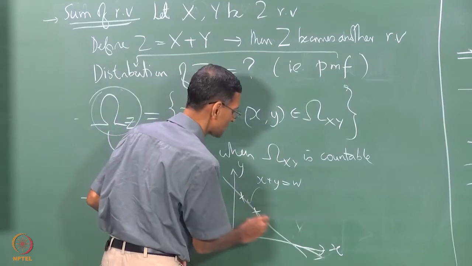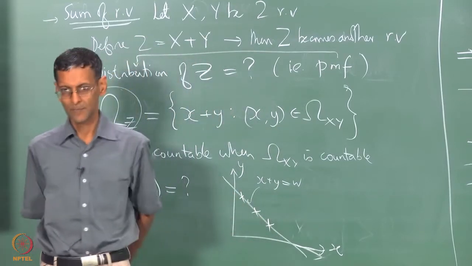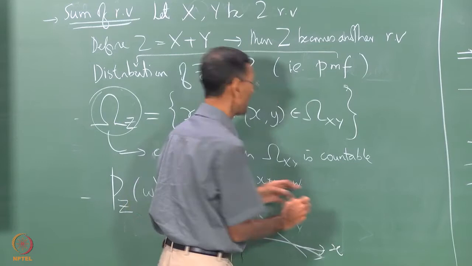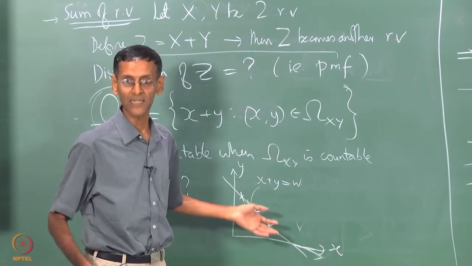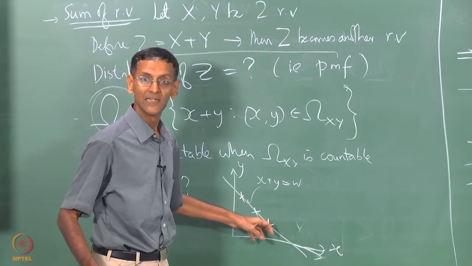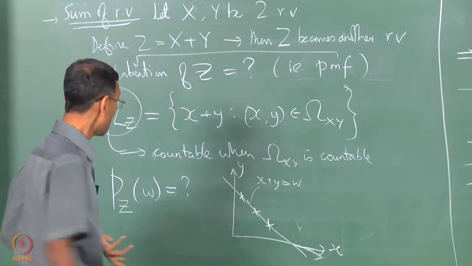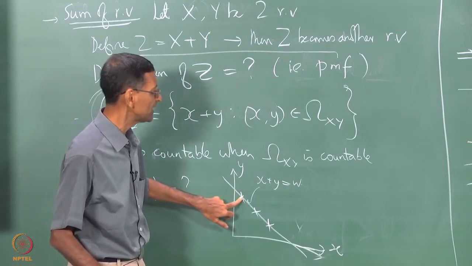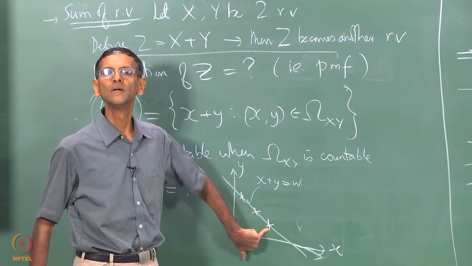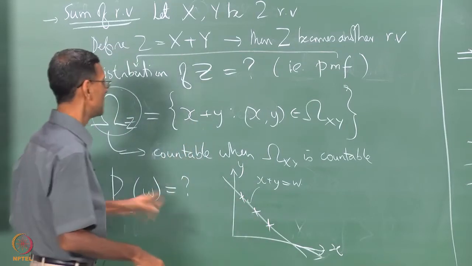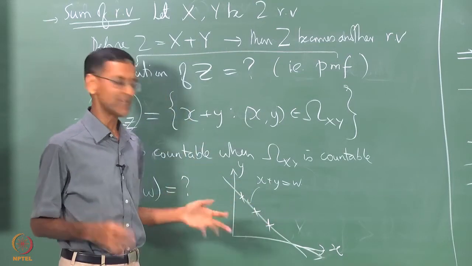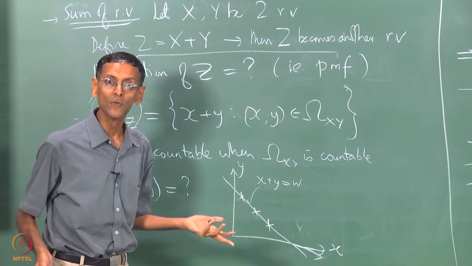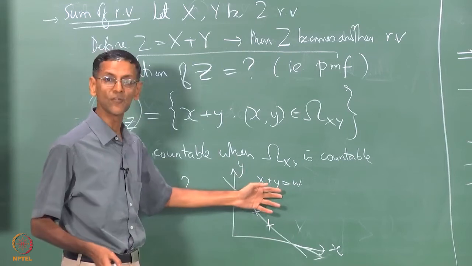So if w is in omega z, there is at least one point in omega xy which is on this straight line. Typically there is more than one. So the probability that z will take the value w is the probability that xy can take either this or this or this. Just common sense, right? You build up your intuition that way. Remember, these are all exclusive events: if xy takes this value, the pair cannot take this value, but the sum will take the same value. So we are looking at all possibilities which give you the same value for the sum.